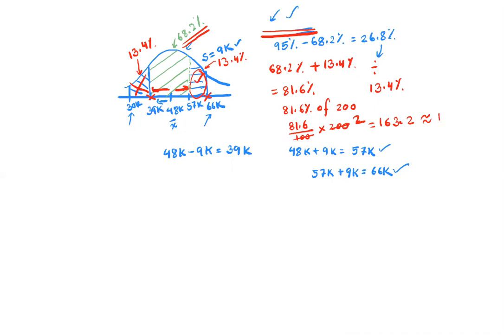So approximately 164 people make between 39K and 66K. And that's what you should be thinking: approximately 164 people make between 39K and 66K.